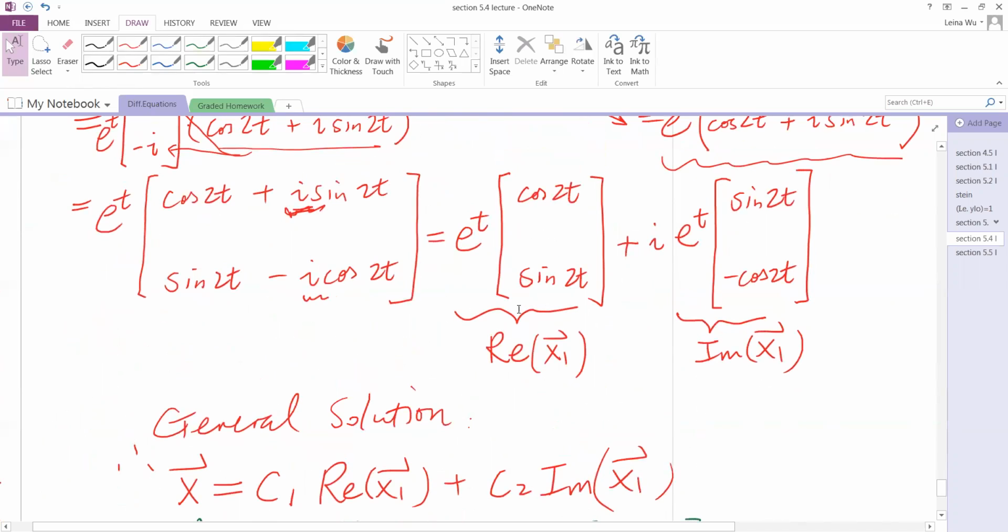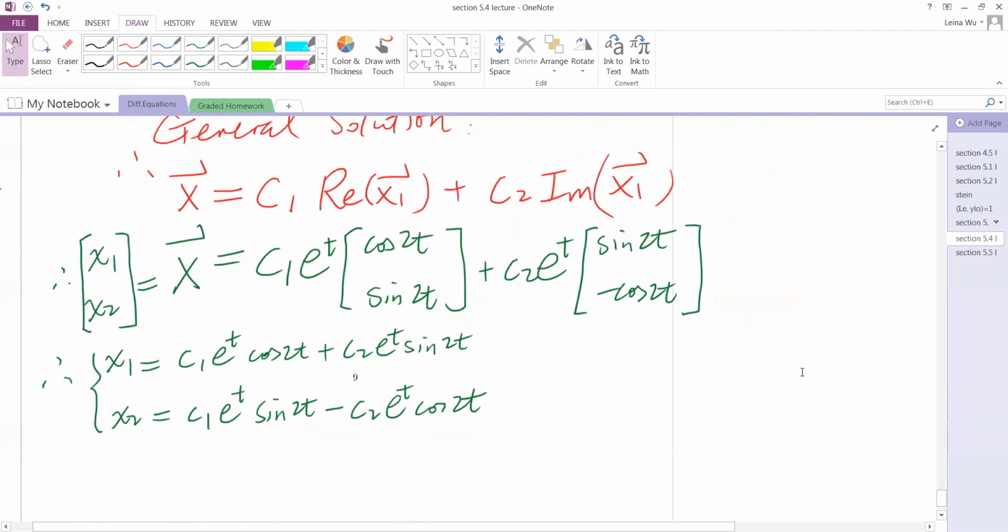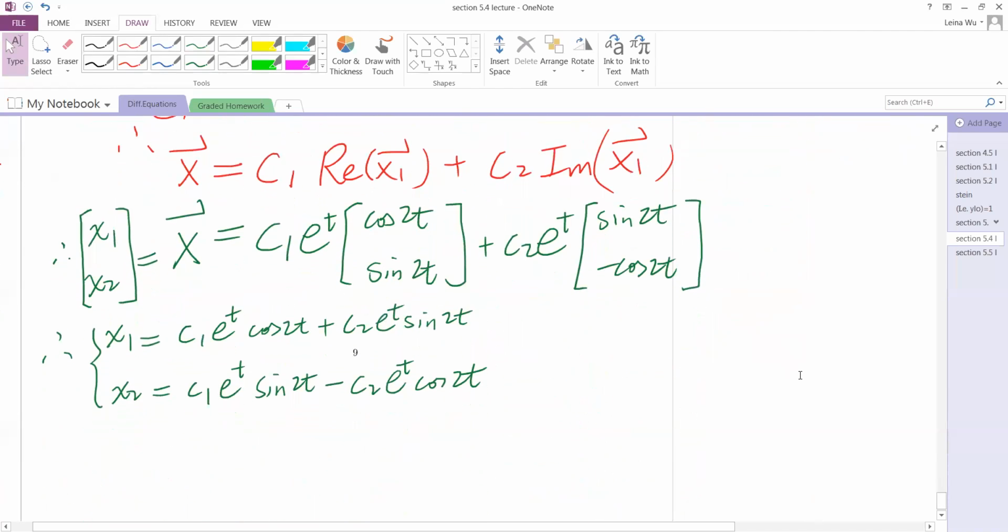So when I'm looking at x1, I specifically said this part is its real part, and this part, the e to the t, sine 2t, negative cosine 2t, is its imaginary part. But only take out the imaginary part. Okay, I get it. Make sense? Yep, thank you.